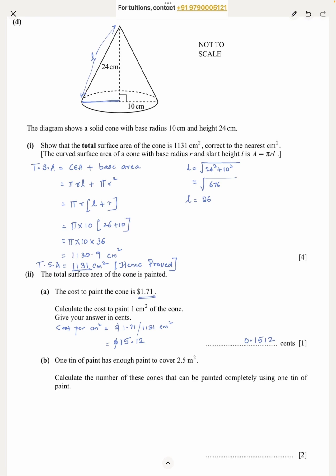Subdivision B. One tin of paint has enough paint to cover 2.5 meters square. Calculate the number of these cones that can be painted completely using one tin of paint. So one tin can cover 2.5 meters square.